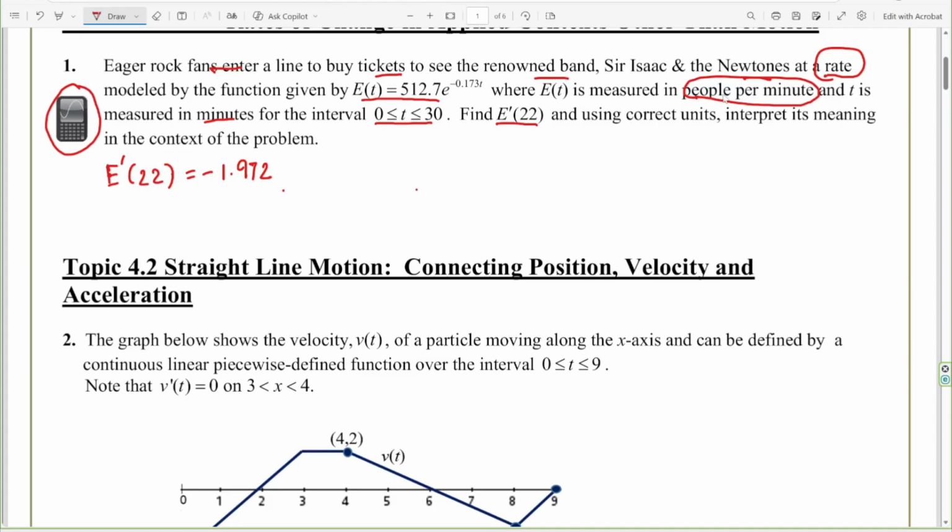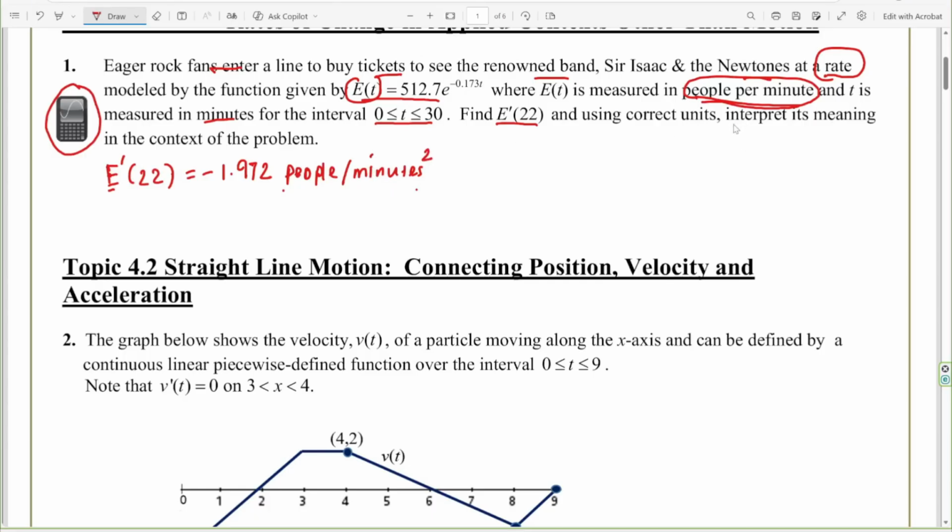Now, be careful with the unit. The unit should be people per minute and per minute, right? Because this one is the rate of this one, right? So you need to say people per minute, or you just say people per minute squared, right?